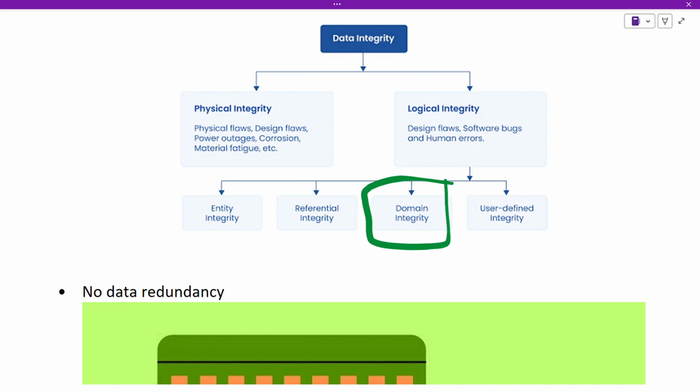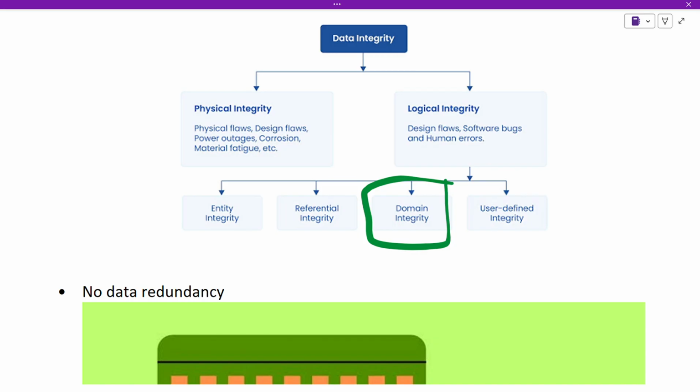Domain integrity defines what kind of values I can insert into a specific column. We discussed that every relation has columns and rows, so for the columns we can define what kind of values can be entered. Let's say, for example, we have a field called age.